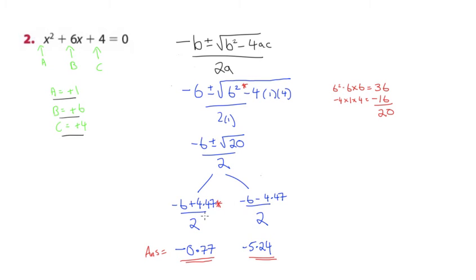They were saying minus 6 plus 4.47 divided by 2, whereas they should have done minus 6 plus 4.47, and then on the calculator they should have hit an equal sign, and then divide the answer by 2, and then hit the equal sign again, and then you get the final answer. So that was where people were making mistakes. It was just a calculator error.